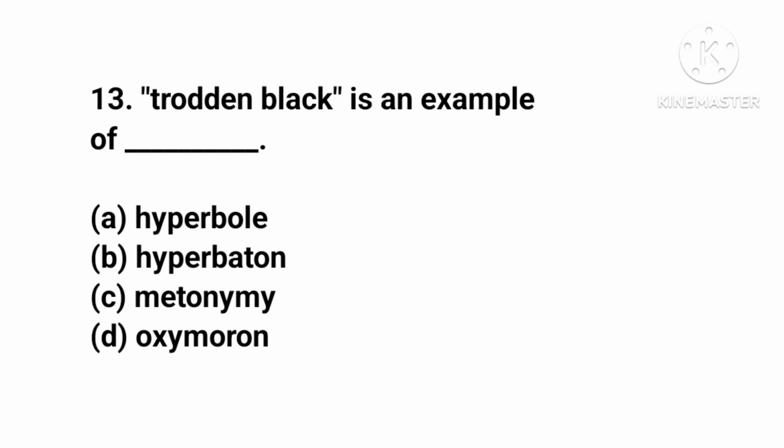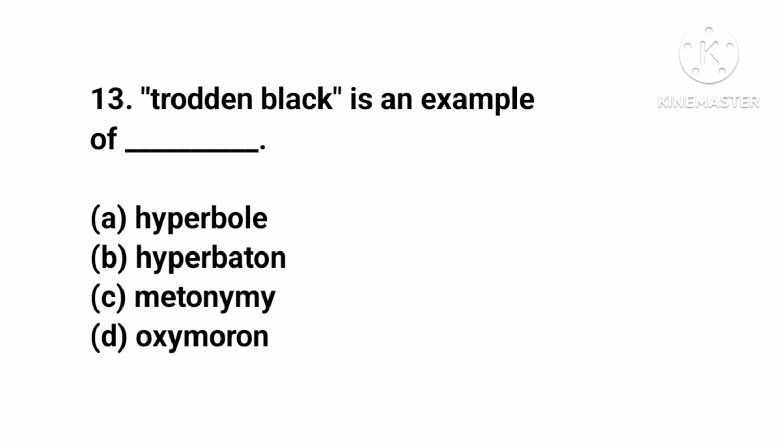Very good. It is an example of hyperbaton because you have the inversion of the normal order. Instead of telling that the road was black trodden, what does the speaker say? That it was not trodden black. So you have inversion of the normal order of terms, and that is why it is an example of hyperbaton.